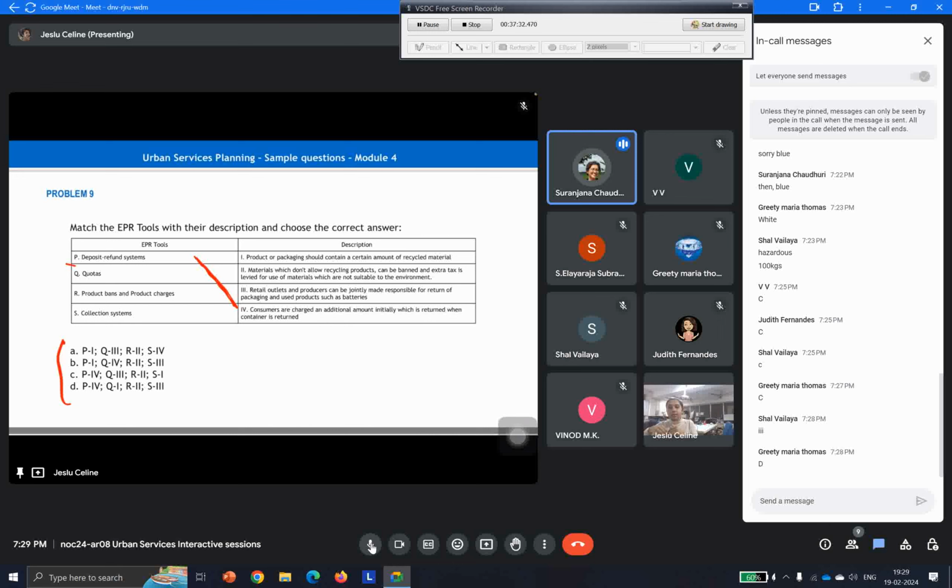Correct. Very good. Yes. Absolutely. Which means there's a standard or a certain percentage value or a certain quota of recyclable materials which has to be there in that particular product or packing. So that's what quota stands for, as rightly said. So R is one, and then product bans and product charges. Which will that be?